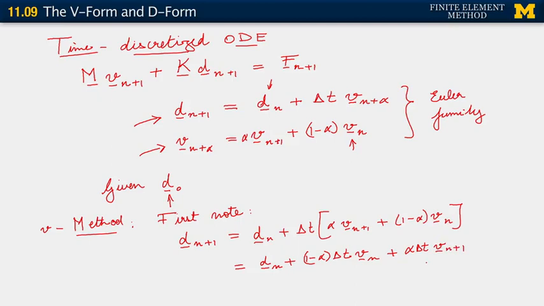What we've done here, if you observe, is rewrite dn plus 1 in terms of quantities that depend only on quantities at n. So let's denote this as d tilde at n plus 1.